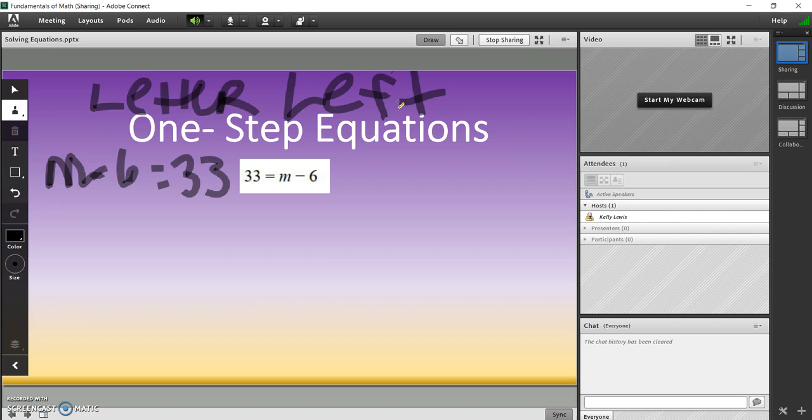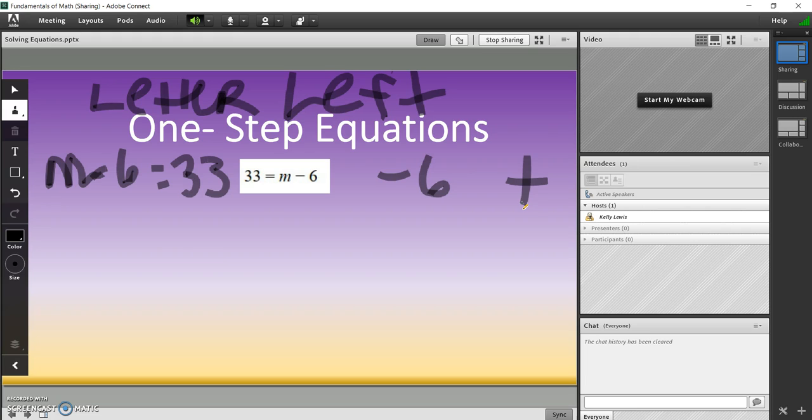All right. The very first thing that's happening to that m is that 6 is being subtracted. To undo this equation, the opposite operation of minus is addition, because we want m to equal some sort of number.